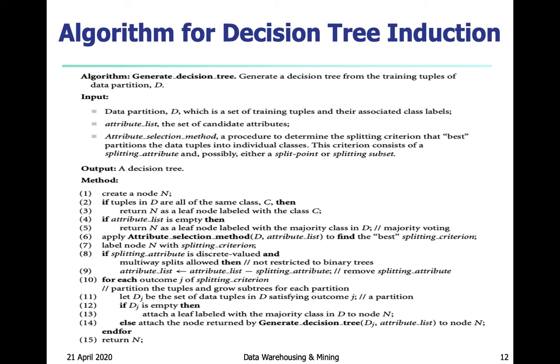The splitting criteria is determined so that the resulting partition at each branch is as pure as possible. As pure as possible means they belong to the same class, right? A partition is pure if all the tuples in it belong to the same class.